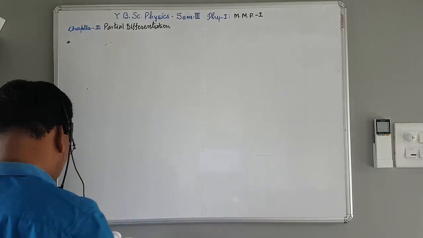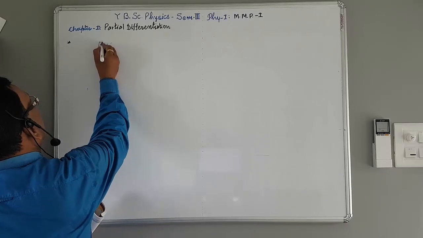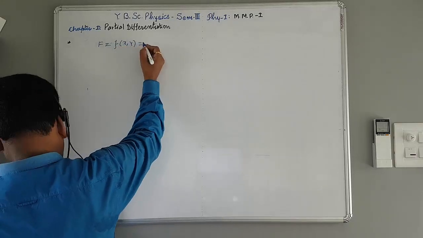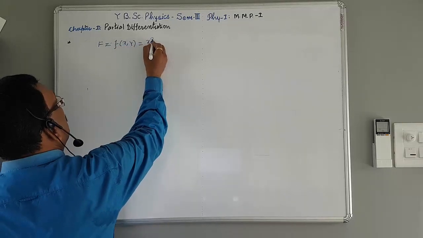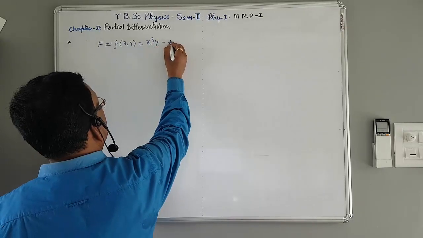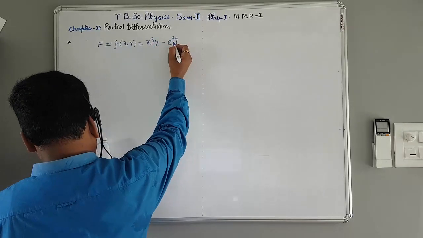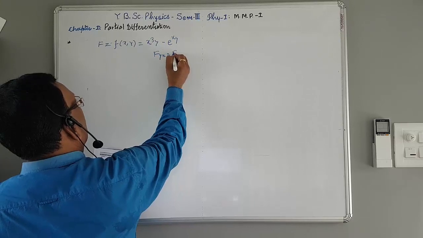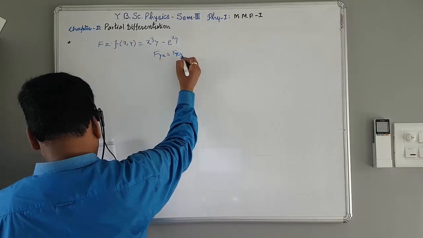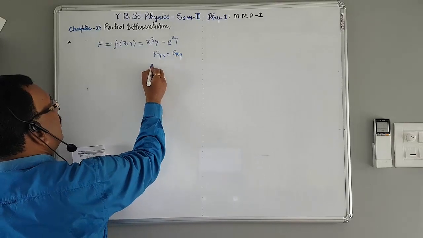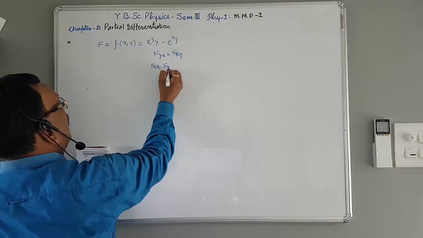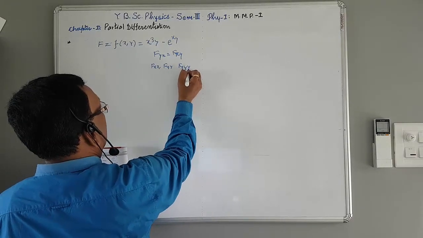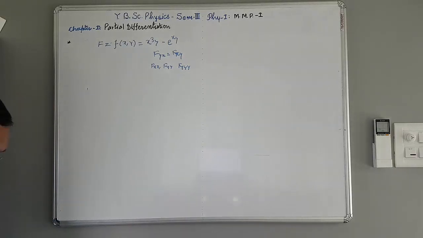First problem: if f = f(x,y) = x³y − e^(xy), then find or show that f_yx is equal to f_xy. Also find f_xx, f_yy, and f_yyy. Very simple problem.